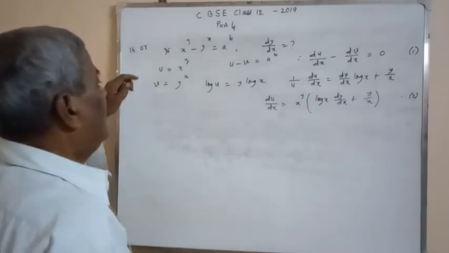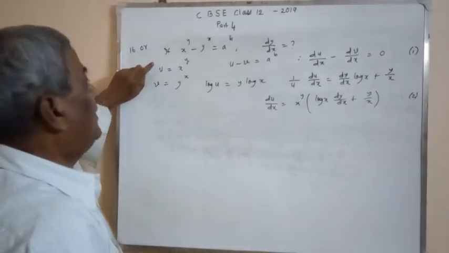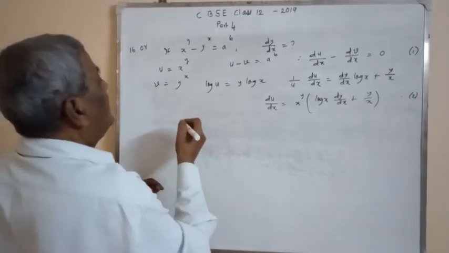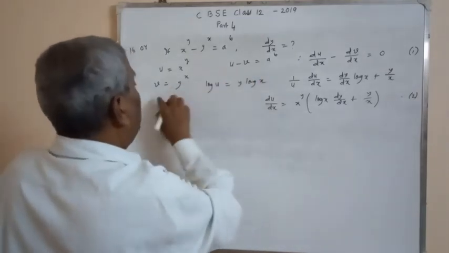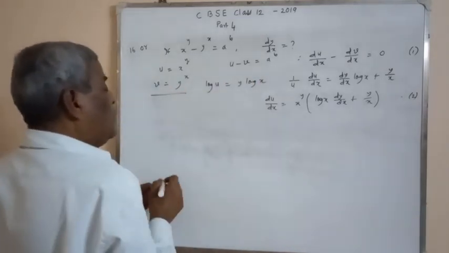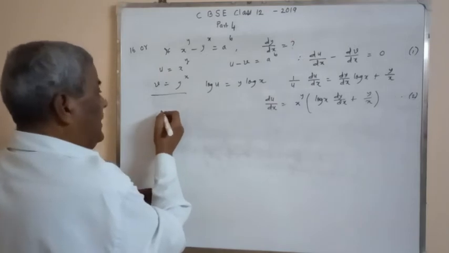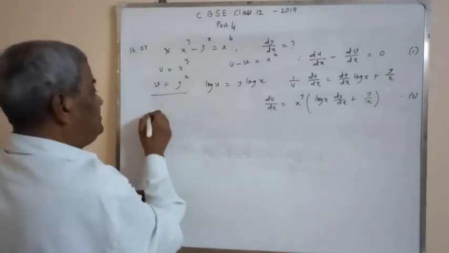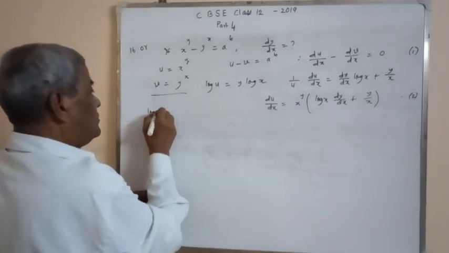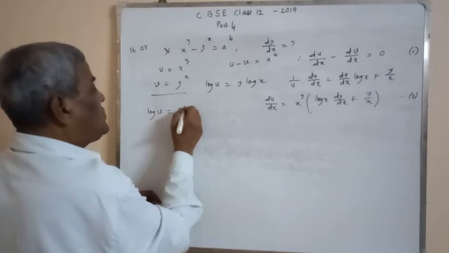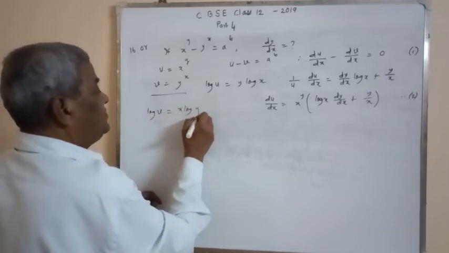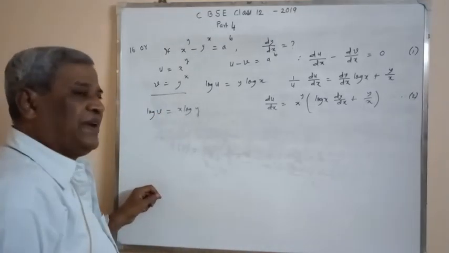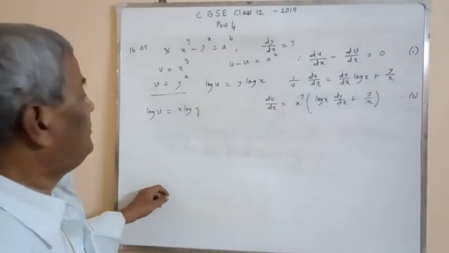To say, similarly, taking log on both sides of that, we get log v is equal to x log y. Now we can differentiate it directly easily.